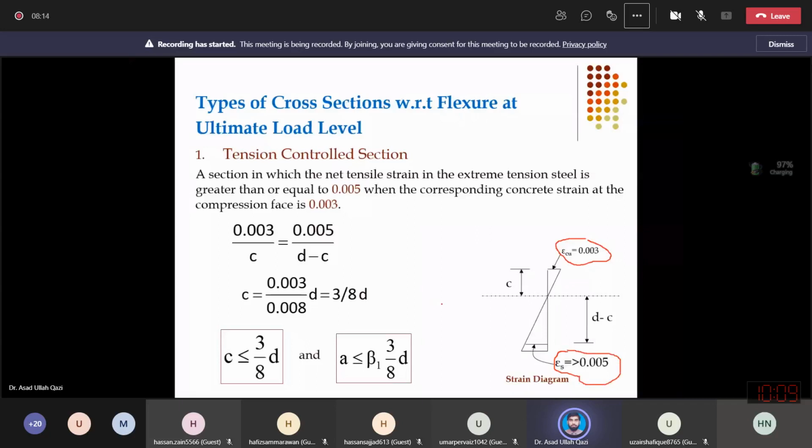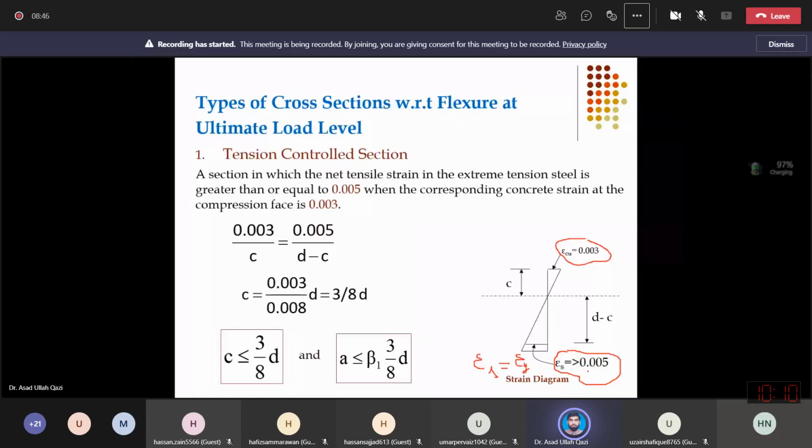So actually if you compare it with balance reinforced, it was that epsilon s will be exactly equal to epsilon y. Now this is another behavior that when concrete will approach failure, steel at that stage will be at a quite big strain, which is 0.005.